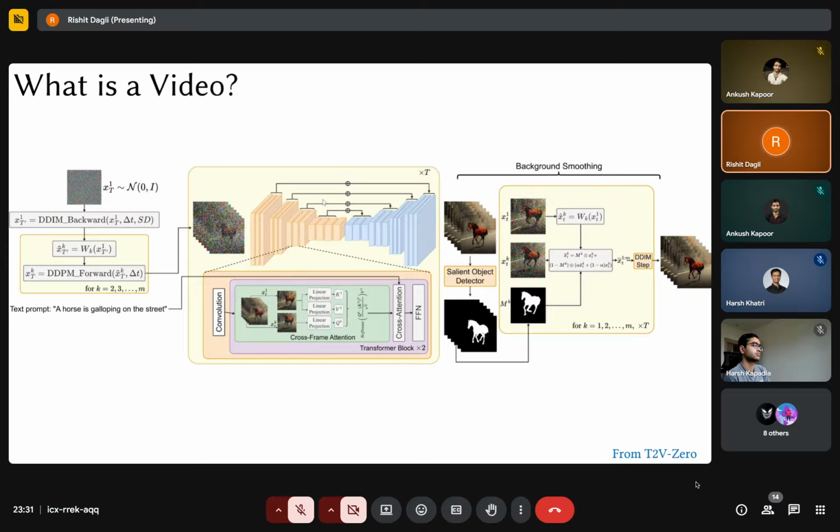There are also these kinds of ways where you don't really need to generate a video, though they don't really work so well.